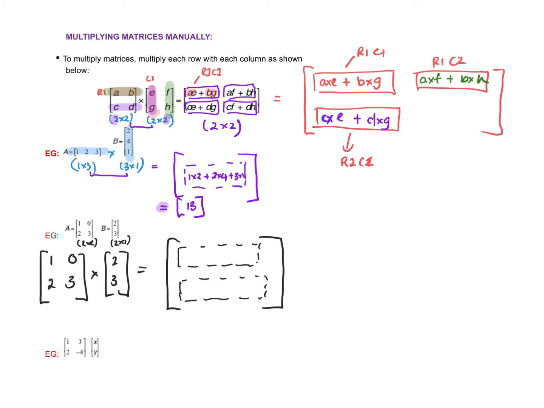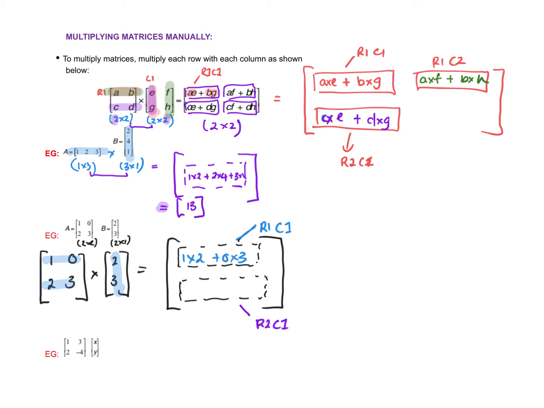So we'd go up here, I'm in row 1, column 1. So I'd be multiplying row 1 with column 1. So it is 1 times 2 plus 0 times 3. Okay, this guy is row 2, column 1.